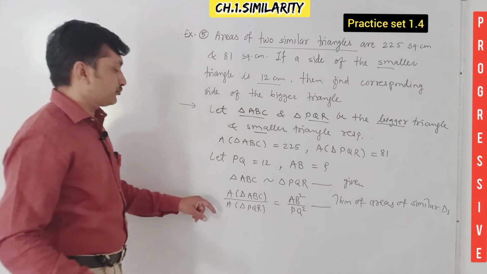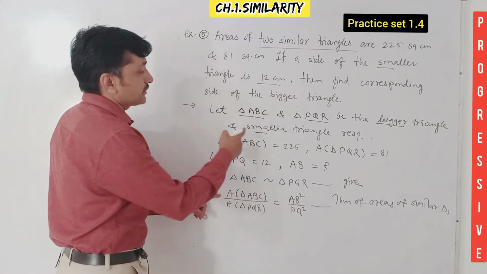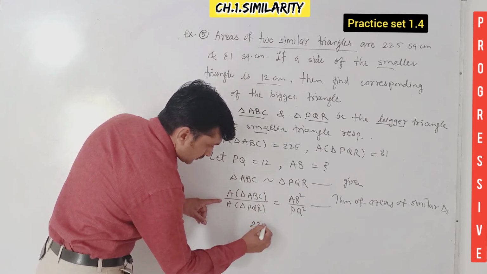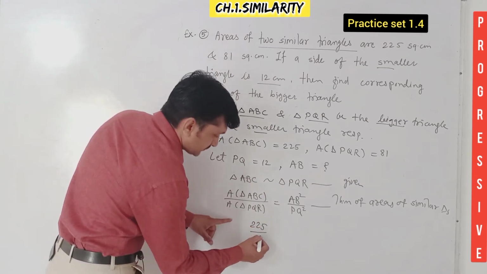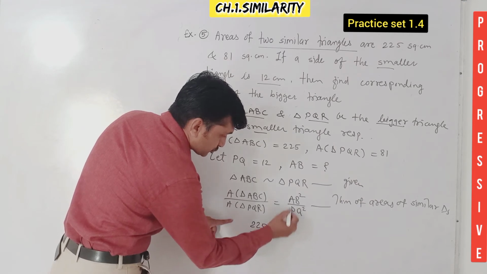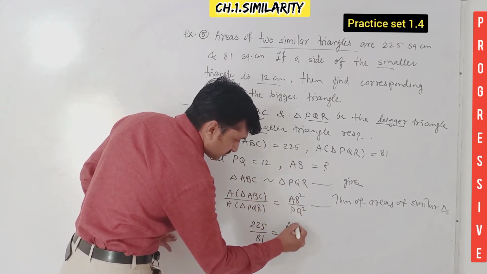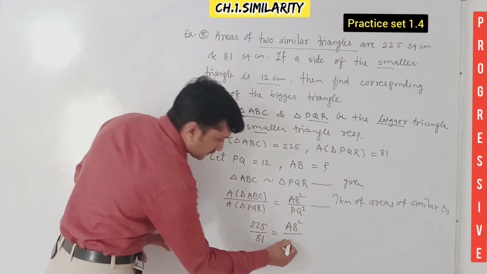Okay, now put values. The ratio: area of ABC 225 upon area of PQR 81 is equal to AB squared upon PQ squared. AB is not given, we have to find it; PQ is given as 12.